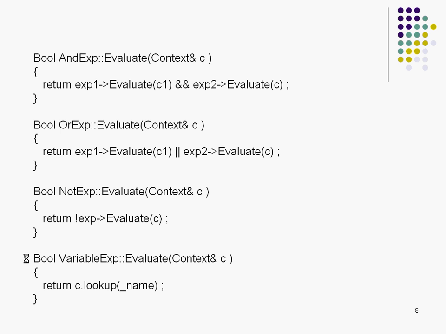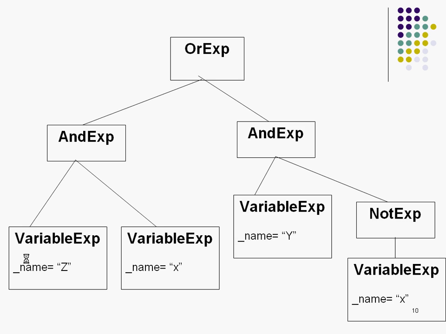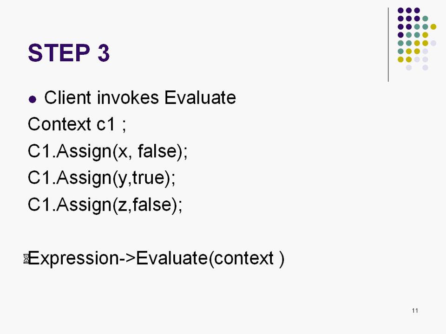It is going to call evaluate of exp1 and exp2 and do an AND of that. Now the exp1 and exp2 in this case represent which object type? Variable exp. So this is how it traverses through the entire tree. And finally, when all these methods return, you would get a value of true printed. You can just try it out and see.